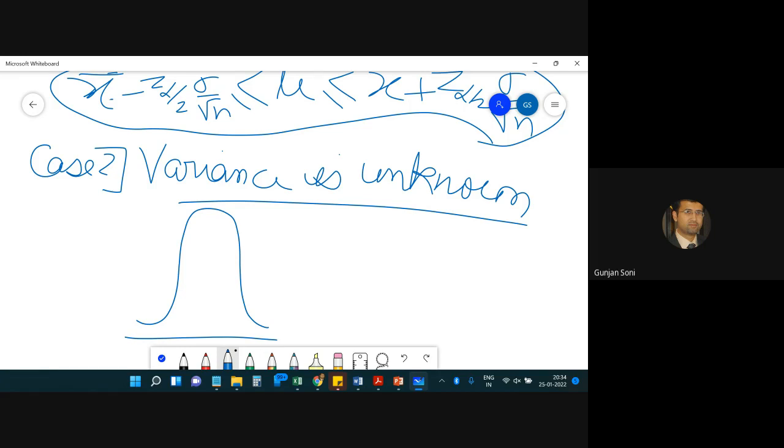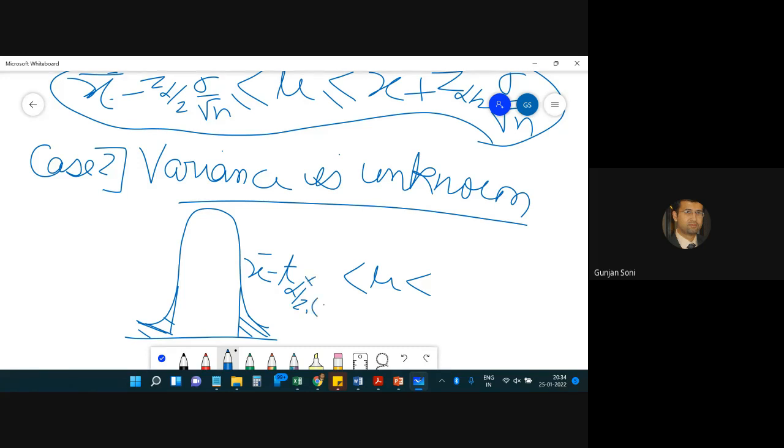So again, the same thing happens over here. This is the significance level, and the confidence interval limits would be given by the t distribution. We will be doing that problem, don't worry. It will be given by t alpha by 2 comma n minus 1, which is the degrees of freedom, multiplied with s by root n, instead of sigma by root n.